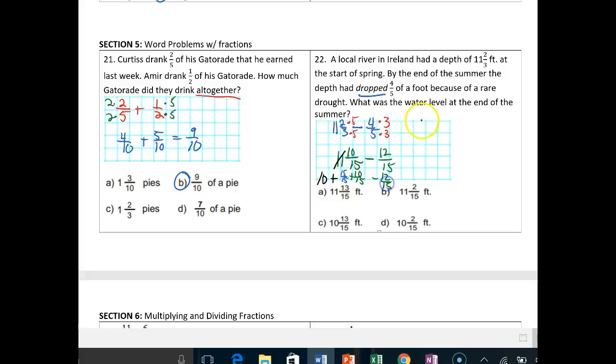So I'm going to write this up over here. So our new fraction that we have is 10, and 15 plus 10 is 25 over 15 minus 12/15. And now we can actually subtract. So 25 minus 12 is 13, so I'll have 10 and 13/15. C.